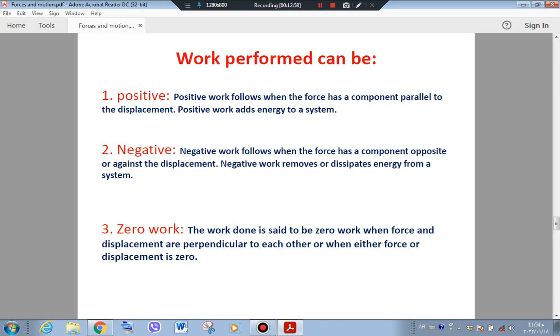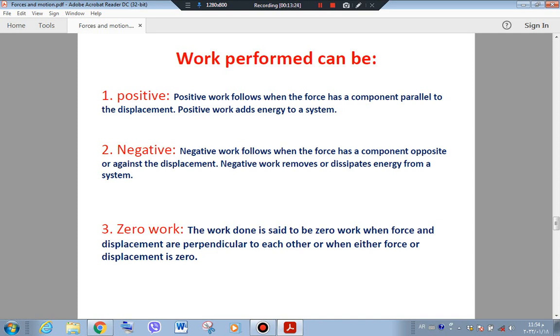The work done is said to be zero work when force and displacement are perpendicular to each other, or when either force or displacement is zero, which means you are trying to, for example, push a wall. It's a clear example.